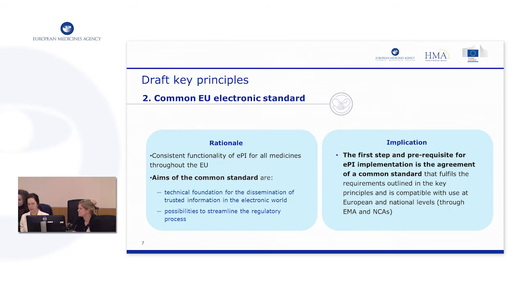They can have a normal assessment in Word or PDF, and then at the end of the assessment, a tool will convert to electronic format and just publish on the website. Also, a tool is necessary because there are already approved products that may need to be converted in order to ensure that at the end, all medicines approved in Europe have information in electronic format. But we will come back to this later.